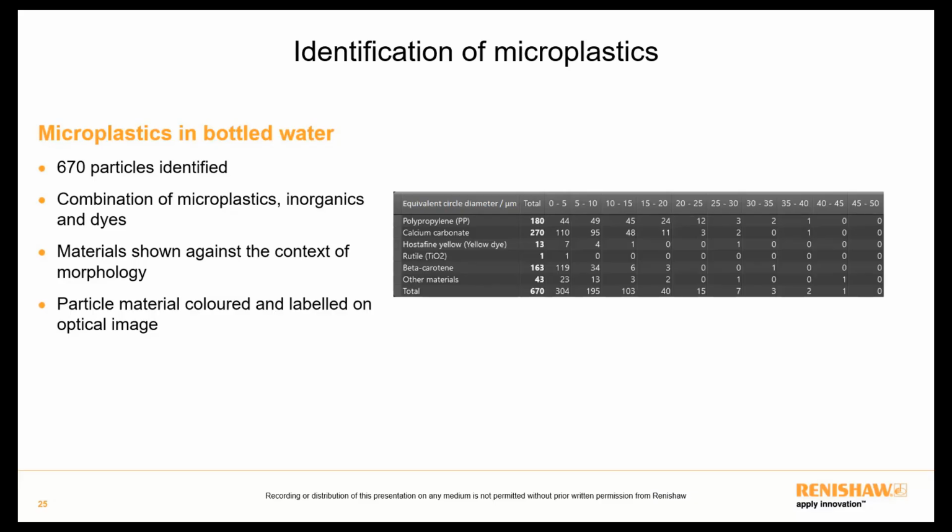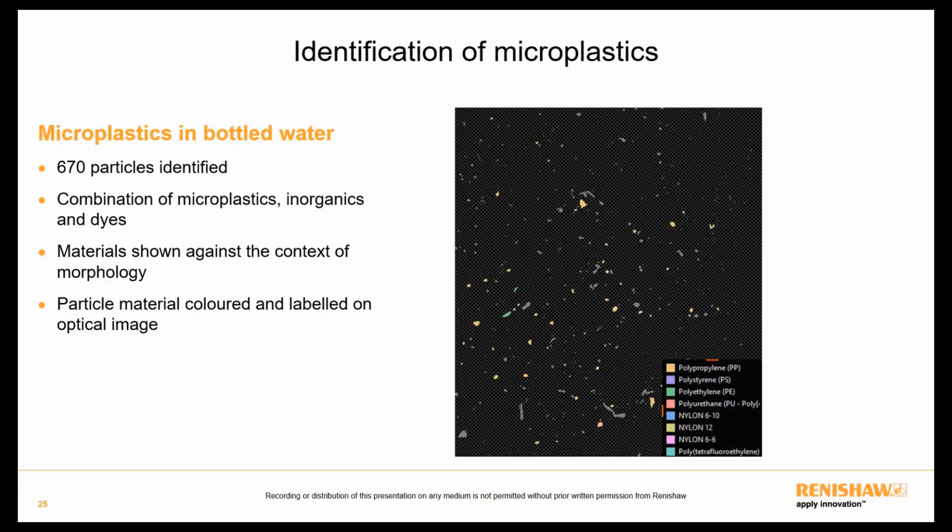We can then look at the distribution for each material as far as the particle information, such as the equivalent circle diameter. We can generate a false color image where we color each particle according to its material identification so that we can quickly visually identify the distribution of different materials along our filter.